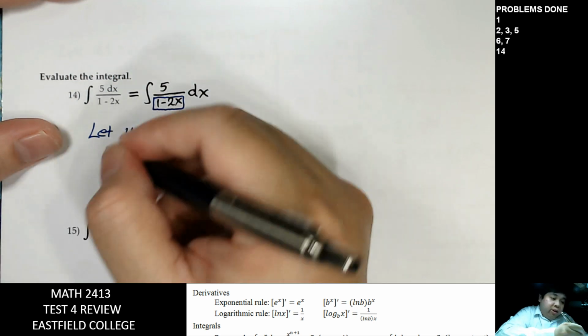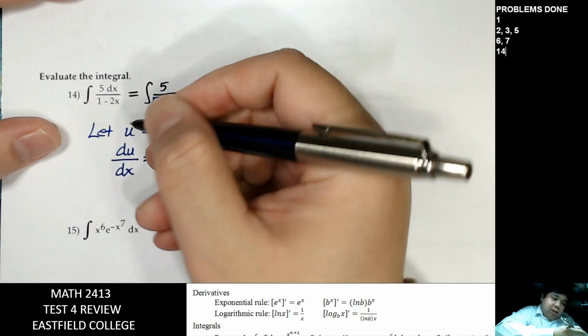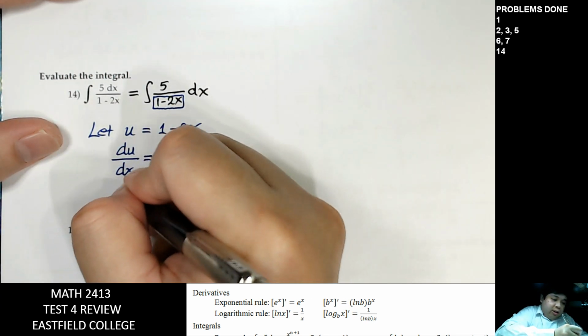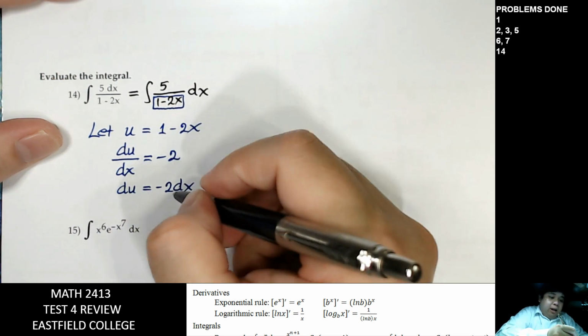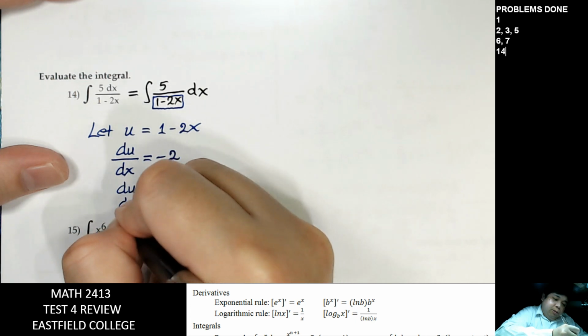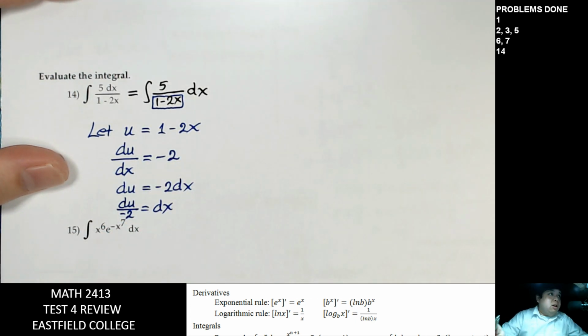And we take derivative. Move the dx over and divide by -2. And that gives us dx.